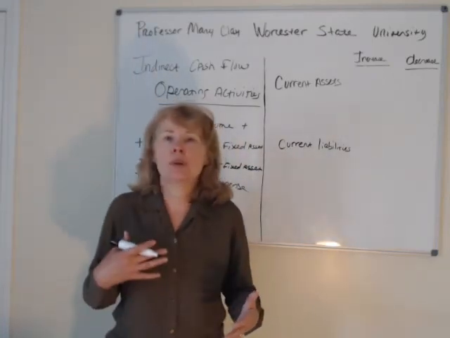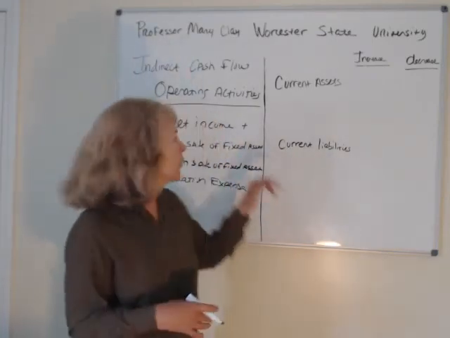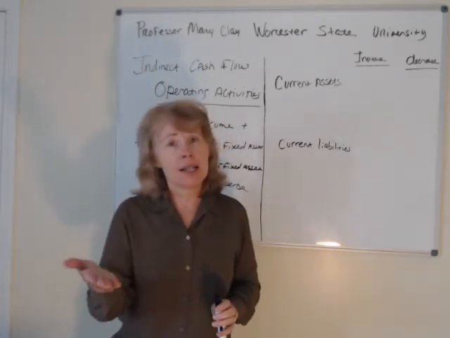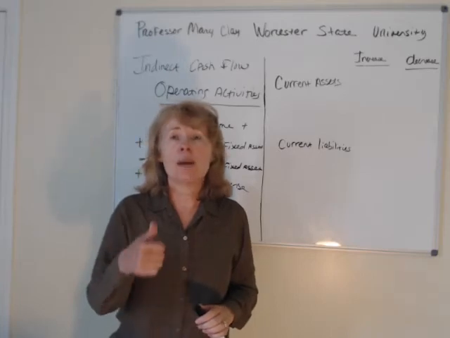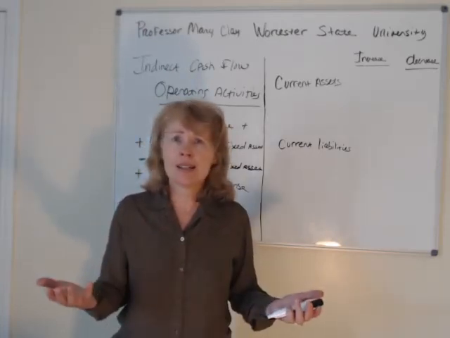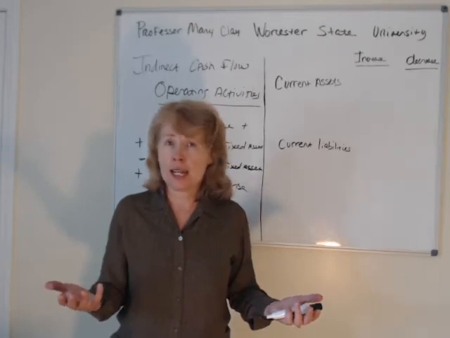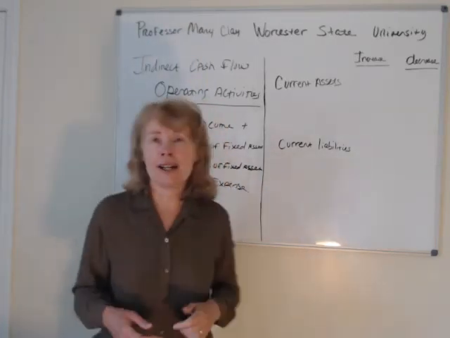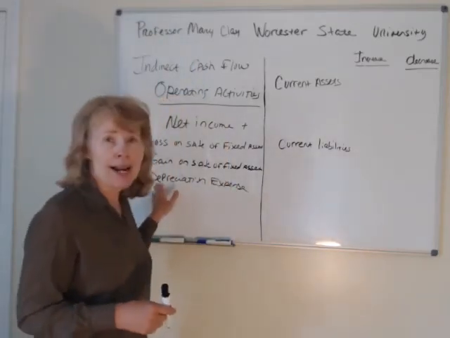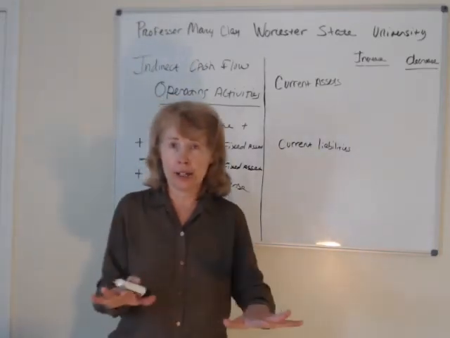The expenses and the revenue are already in that one number. Well, depreciation expense, let's think about it. You debit depreciation expense, you credit accumulated depreciation. That doesn't affect the cash flow statement. However, it does affect net income, so you want to get it out of there. It originally subtracted, so you add it back to clear it out.